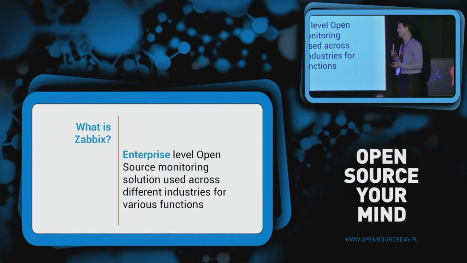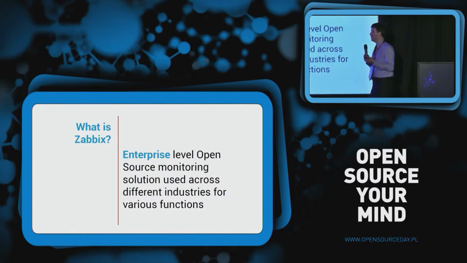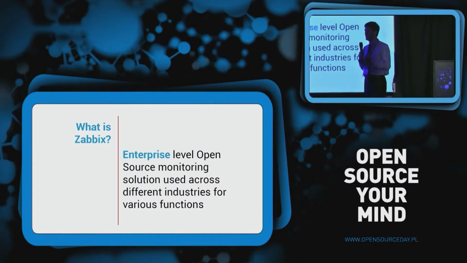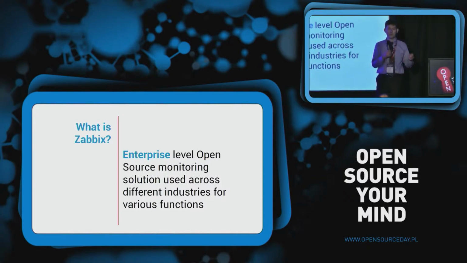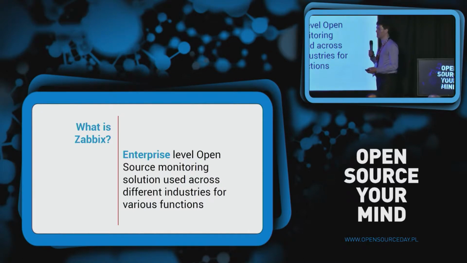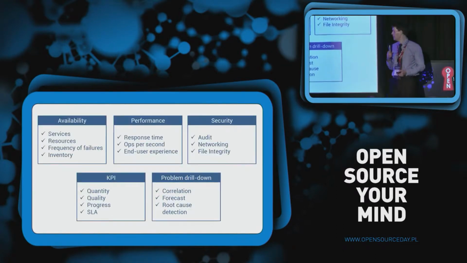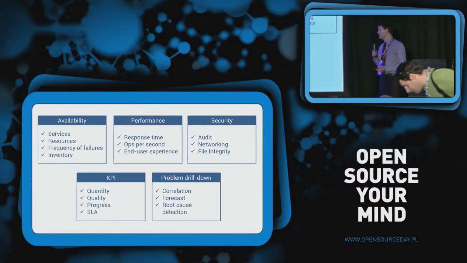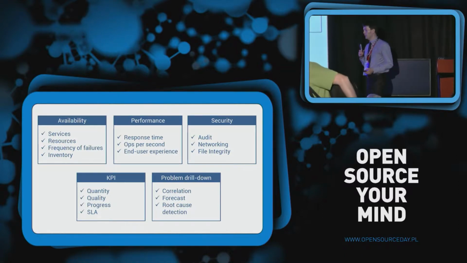And Zabbix can be well integrated into existing enterprise infrastructure, which already has different services and platforms in place, such as configuration management systems, asset management systems, help desk, ticketing, and so on and so forth. These are just some areas where Zabbix could be used.